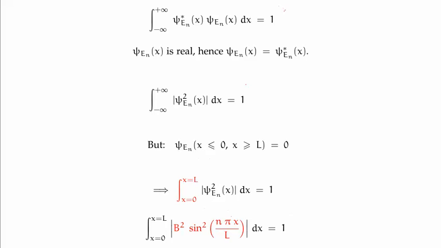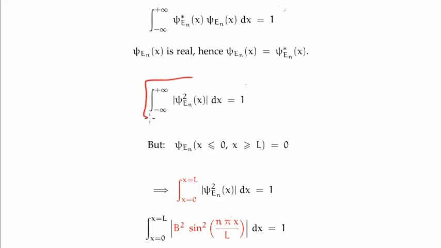The mathematical definition of our normalization criterion is given at the top center of your screen, where we take an integral over all space of the product of our wave function and its complex conjugate, and that's equal to 1. Note that sine clearly is a real function, hence there is no reason to take the complex conjugate.